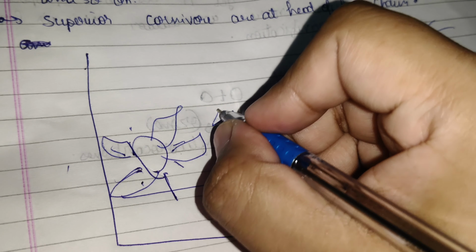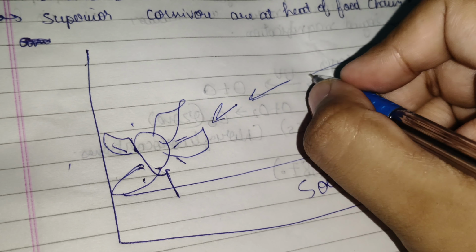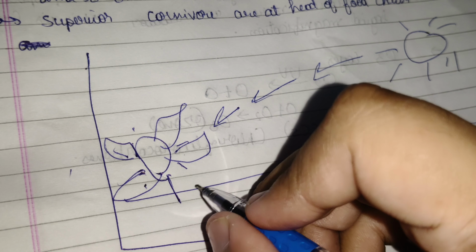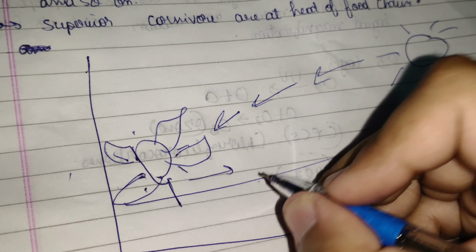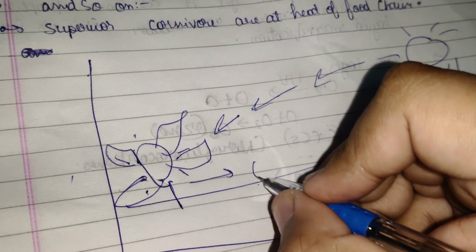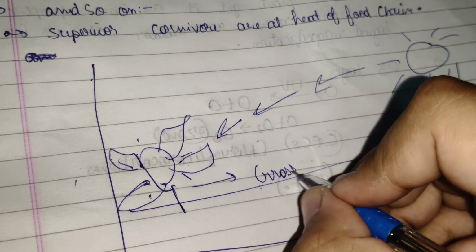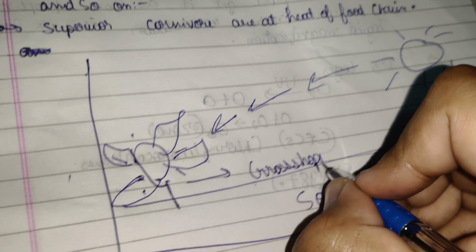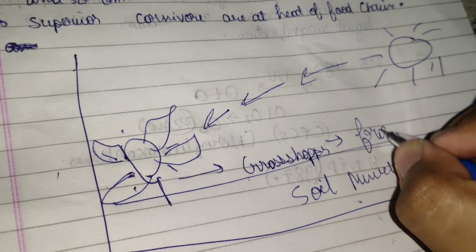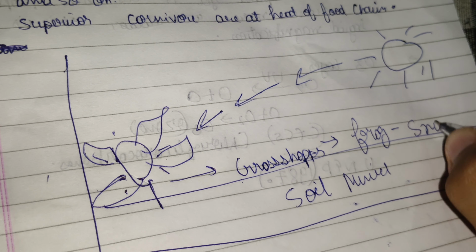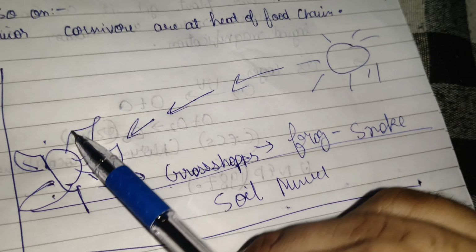When the plant takes the light that falls on it and does photosynthesis, it produces food, and thereafter it is passed to the next, say the grasshopper, thereafter the frog, and last the snake.